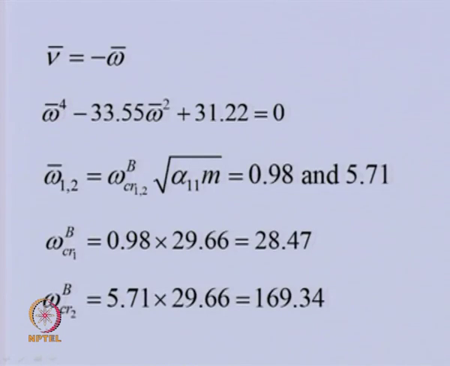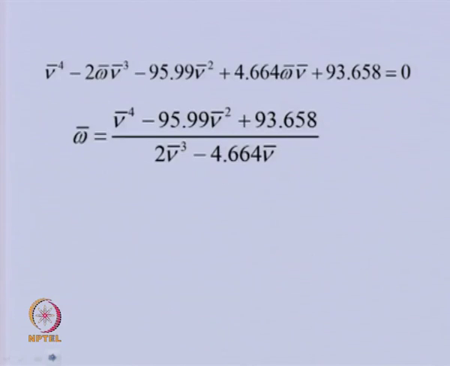But for backward whirl, if we substitute this expression, we will see that the polynomial will reduce to this. In this particular case we will have two positive roots, and we will correspondingly get the first backward critical speed and the second backward critical speed, both in radians per second.